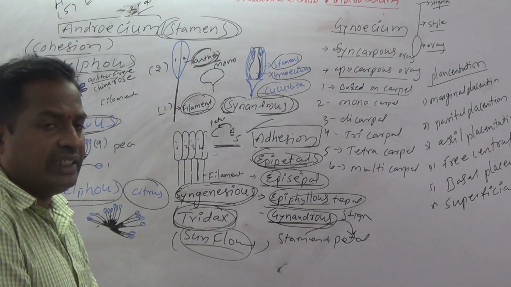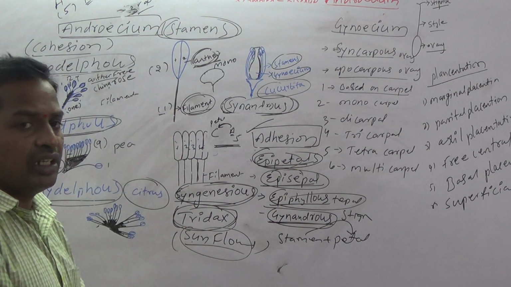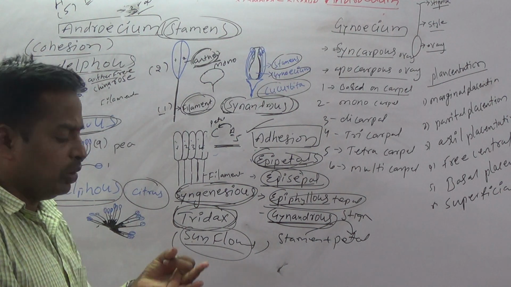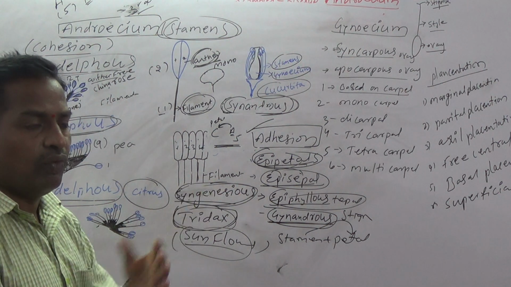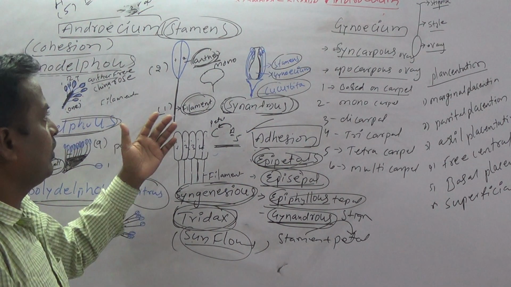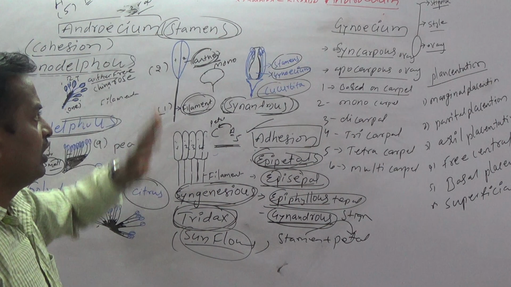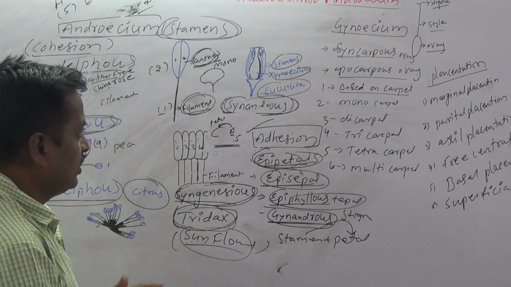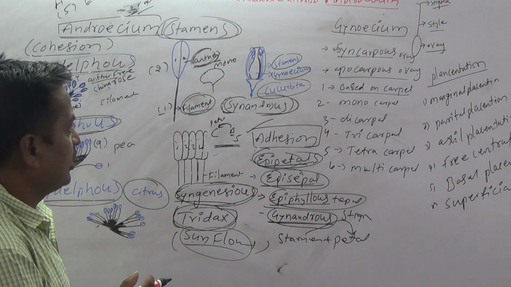So based on dehiscence, stamens are of different types: longitudinal, transverse, porous and valvular. These different types of dehiscence and their examples are given in your syllabus. Look in your NEET book.